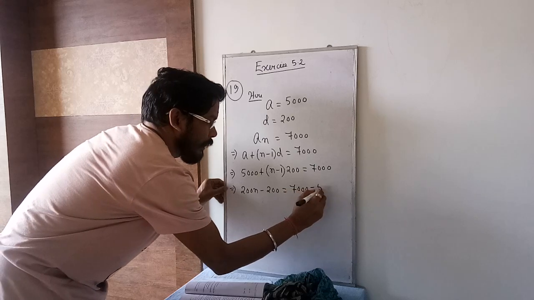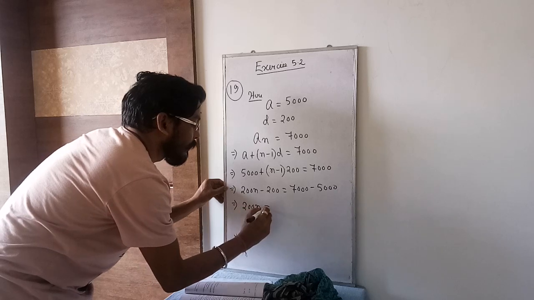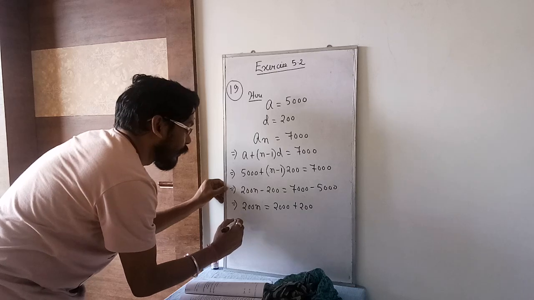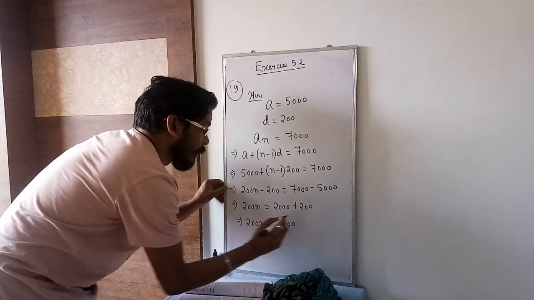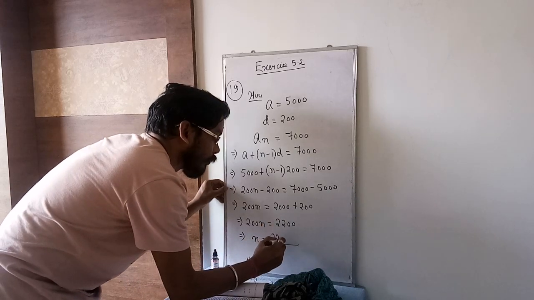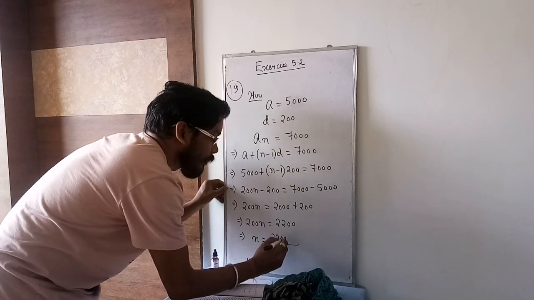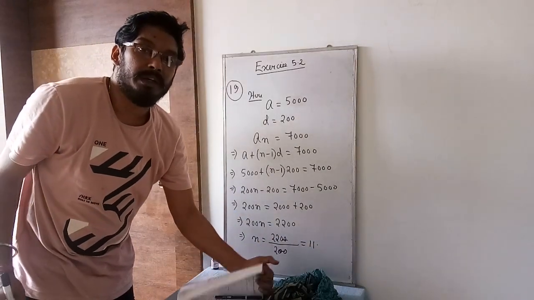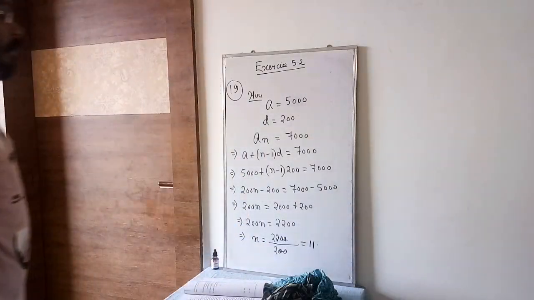Here you got 7,000 minus 5,000, so it is 200n equals 2000 plus 200, so 200n equals 2200. To find the value of n, 2200 divided by 200. Zeros cancel, you will get 11. That means in the 11th year his salary will become rupees 7,000. So take the screenshot.